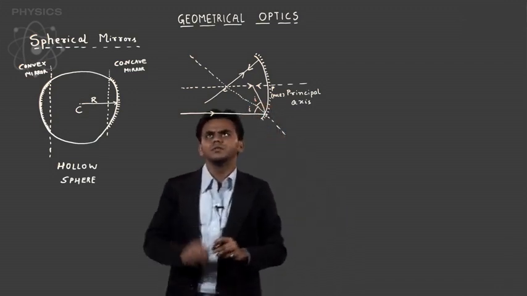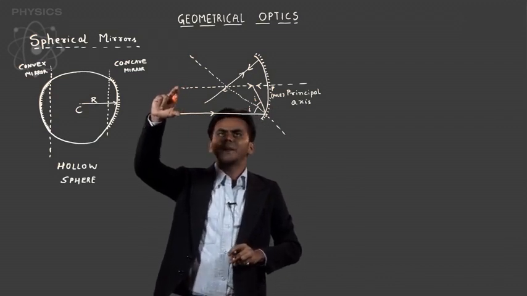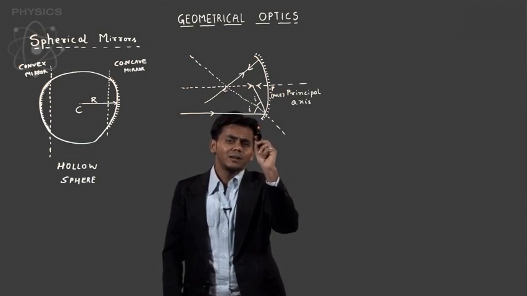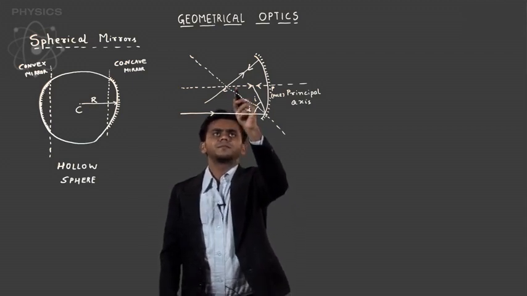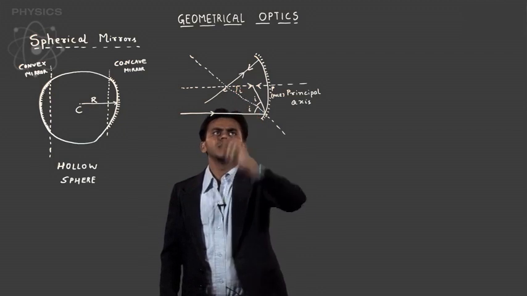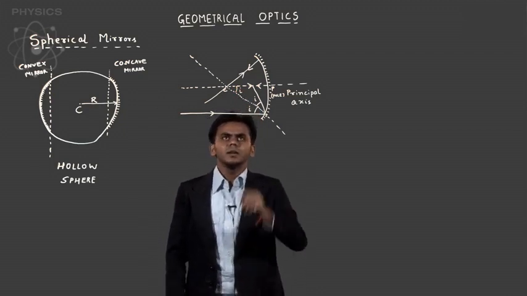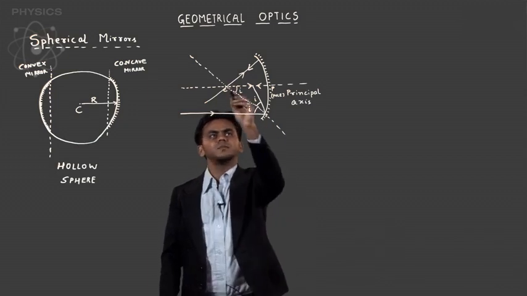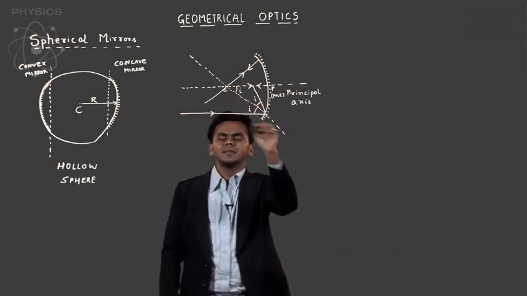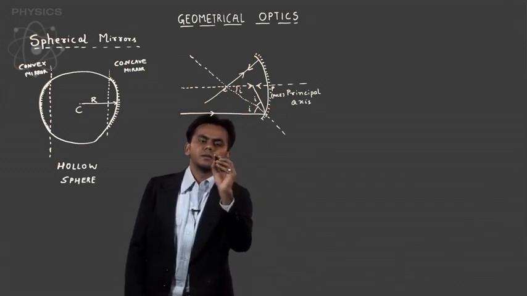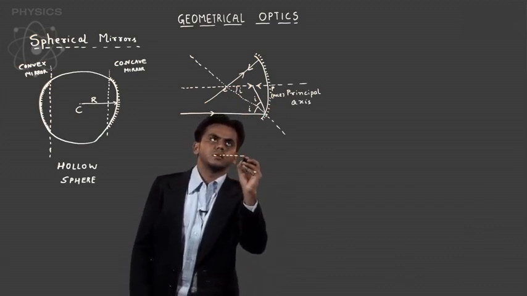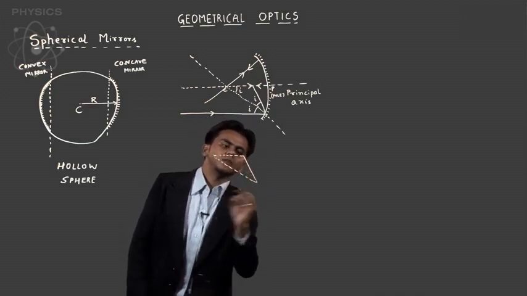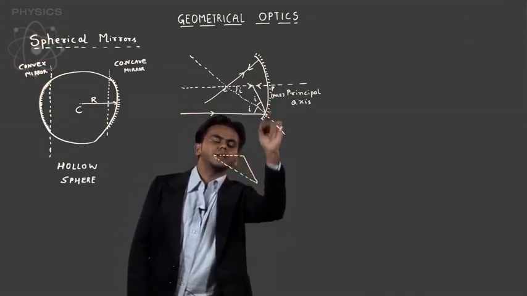Now if these two lines are parallel, according to the property of parallel lines, if this is I, even this would be I. If these two angles are of the same value, this becomes your isosceles triangle. I can take this out and draw it for you. This is the construction which I'm making. This is the point where this thing is meeting.